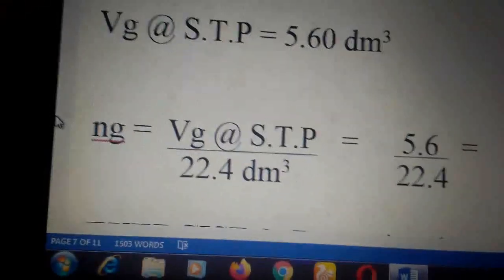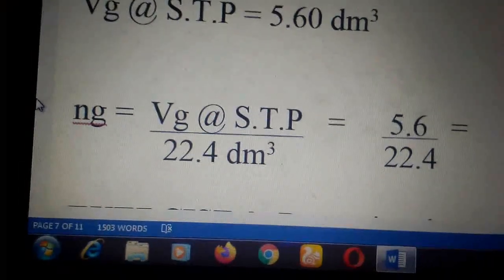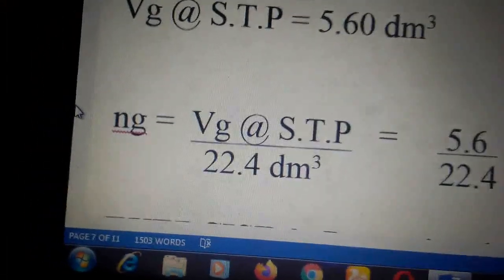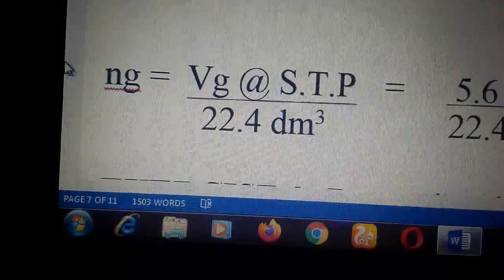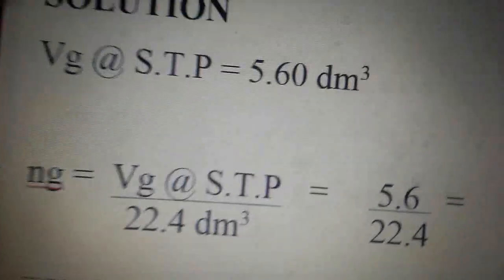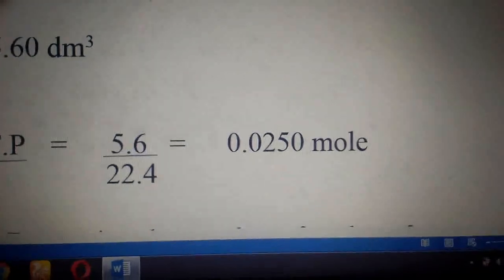So number of moles of gas is given by volume of gas at STP over the molar volume, 22.4 dm³. The volume is already in dm³, so no need to convert the 22.4 to any unit. Everything is uniform. So divide 5.6 by 22.4, and that will give us 0.025 mole of the gas.